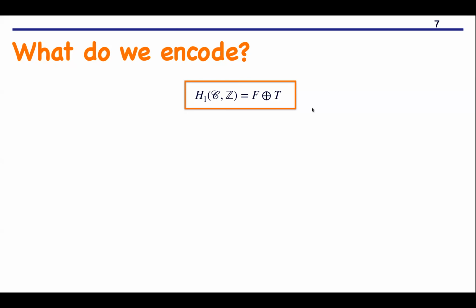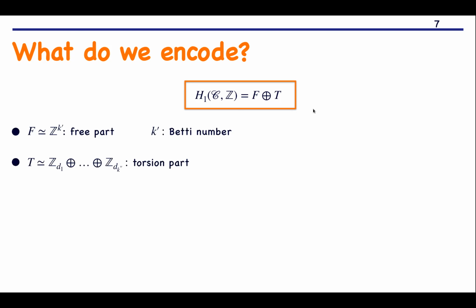One we call a free part, F, that is isomorphic to Z to the K prime, with K prime an integer, usually called the Betti number. And this just tells us how many rotors we are encoding. But then there is another part called the torsion part, that is instead isomorphic to direct sums of cyclic groups of a certain dimension.